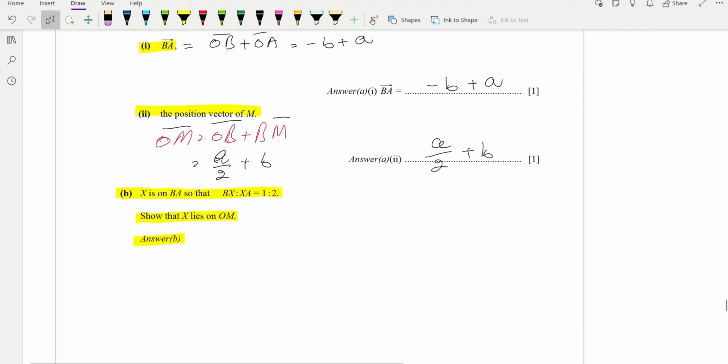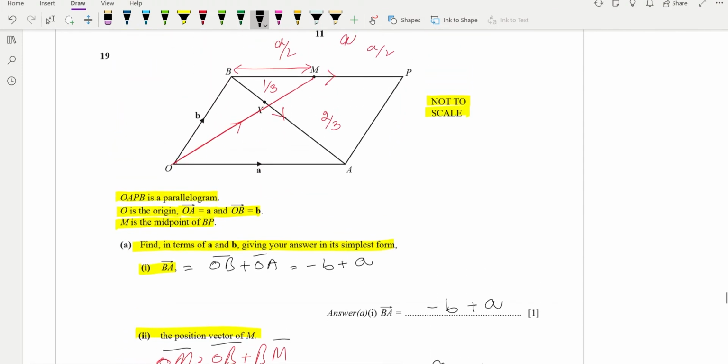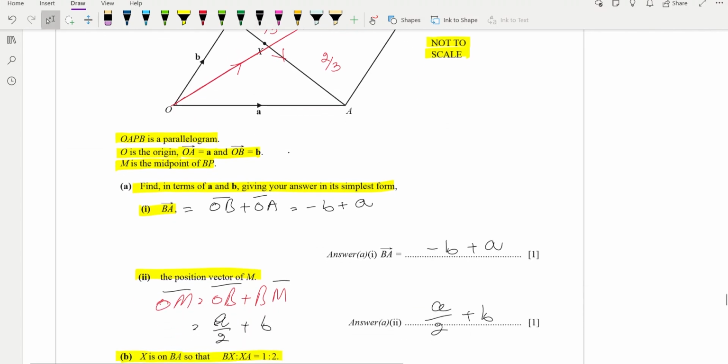So this is what we can write over here. OX is equal to OB plus BX. We know OB is equal to B, and BX is 1/3 of BA.